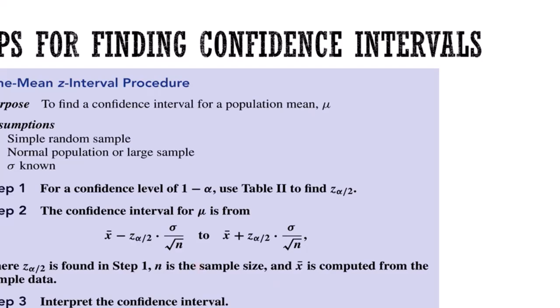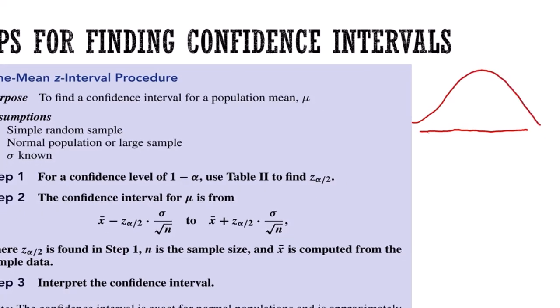So previously we said we will have a standard normal curve, a symmetrical curve, and if we want to find the confidence interval, the interval will be at a certain percentage, correct? The confidence interval is qualified by a percentage value. And then the endpoints of our interval will be around the sample mean, exactly at the middle of the standard normal curve.